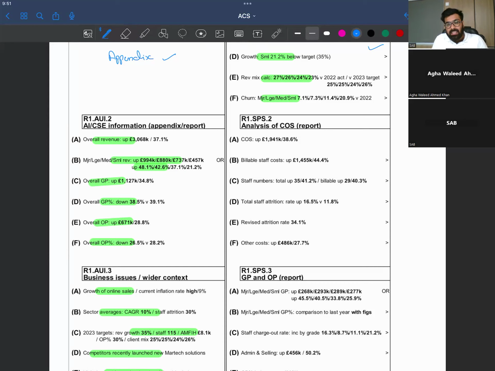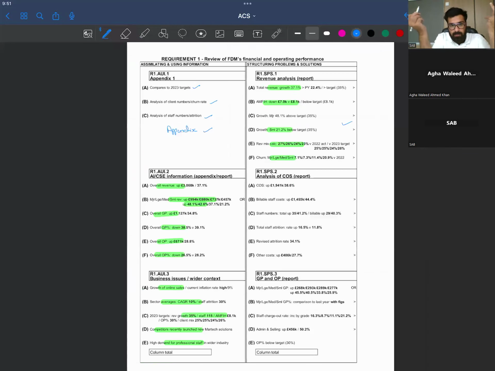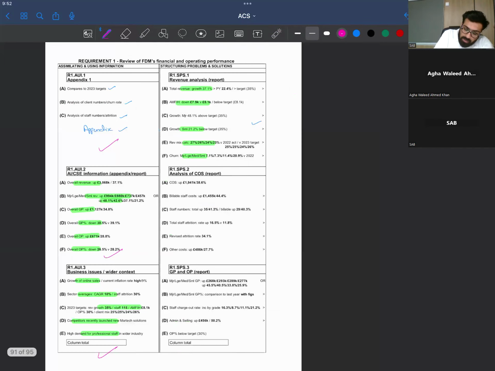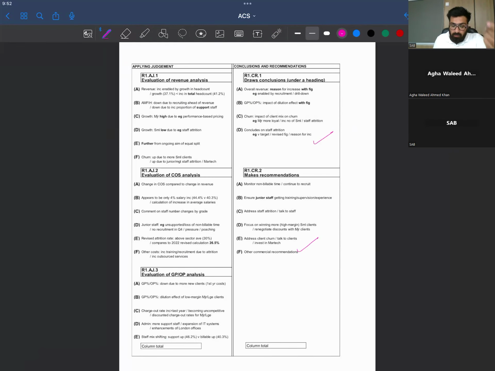Now, why I say that this paper is predictable is because some of the boxes remain the same all the time. Like NXJ, it's always the same. Similarly, comments on revenue and GP. The boxes that I have been ticking with pink are always to be ticked. They can easily be ticked, right? Similarly, the boxes I am ticking here, the para of conclusion and recommendation, are always ticked. You can easily predict that.